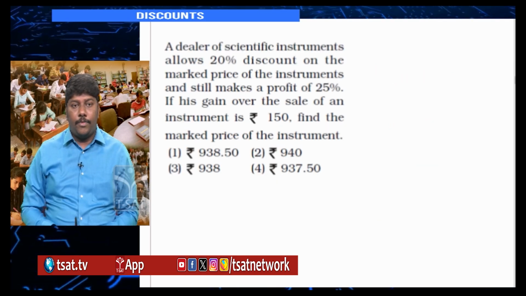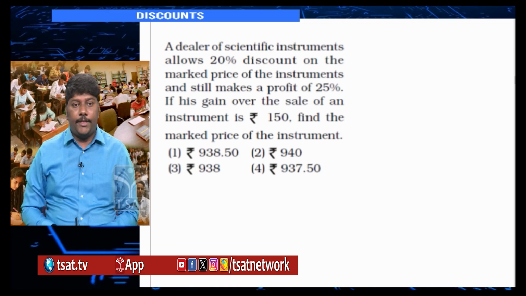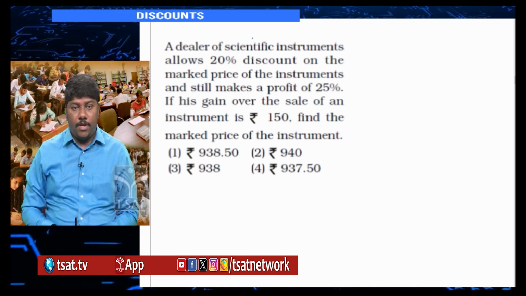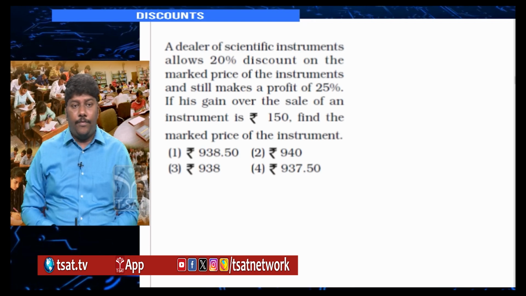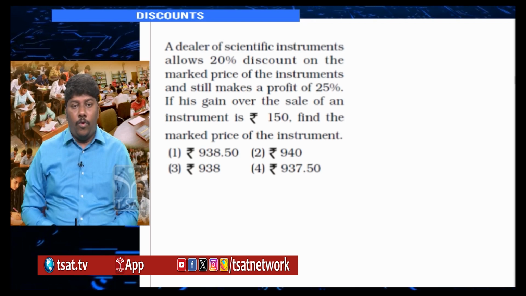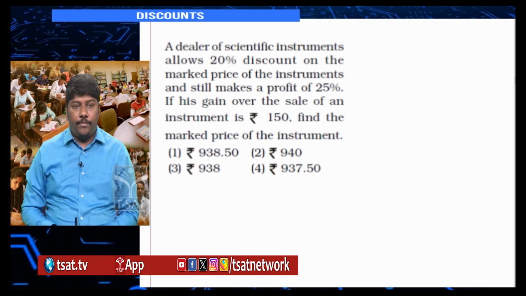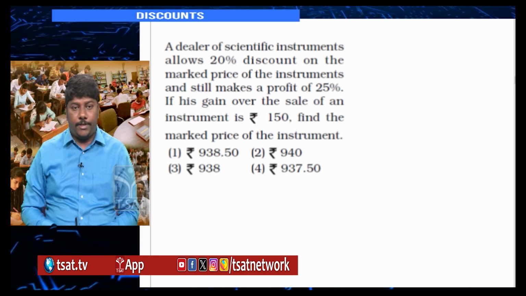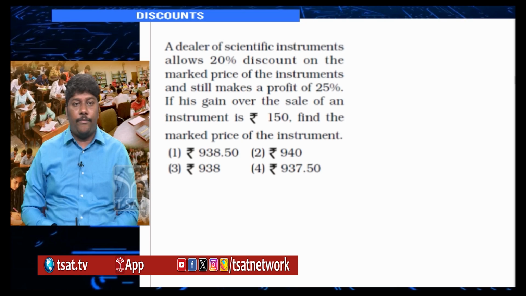Look at this question. A dealer of a scientific instrument allows 20% discount on the marked price of the instrument and still makes a profit of 25%. If his gain over the sale of an instrument is 150 rupees, find the marked price of the instrument. So you have to find the marked price, and the gain is given, which is 150.